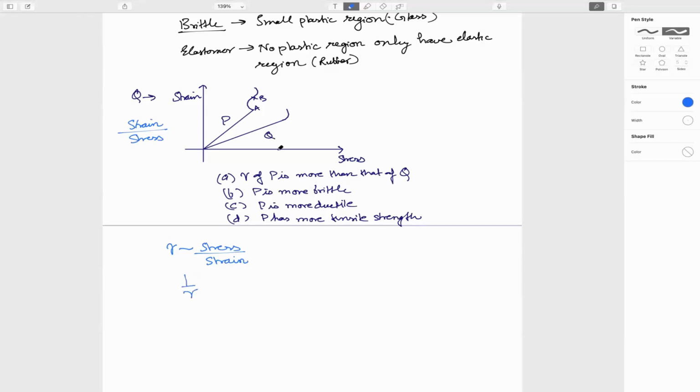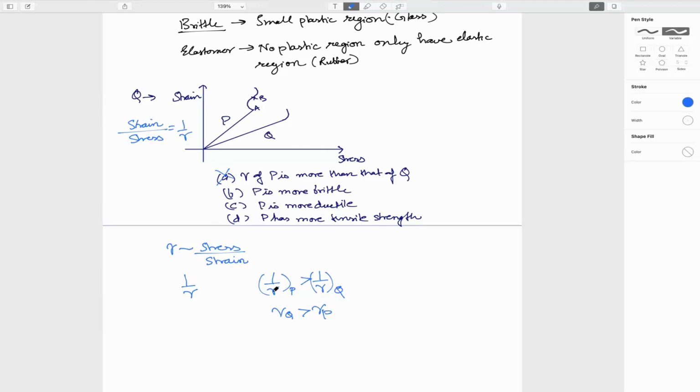From the figure, 1 by gamma of P is greater than 1 by gamma of Q. So gamma of Q is greater than gamma of P. The first option is not correct.